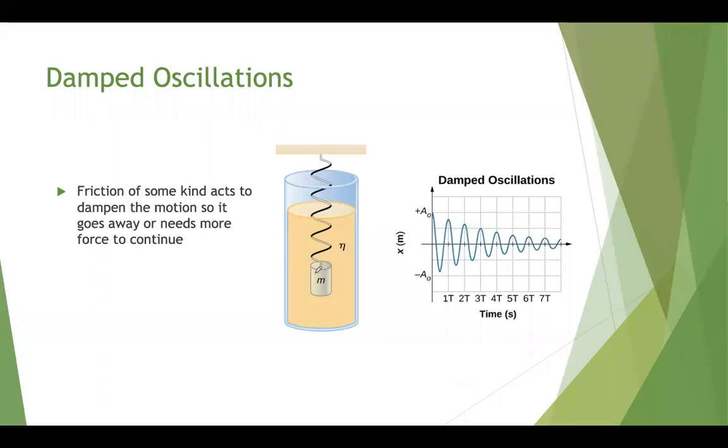Just like the cube earlier that we had attached to a spring on some frictionless surface. If we introduce friction and move that block and let it go, it's going to eventually stop moving and go back to its equilibrium position.